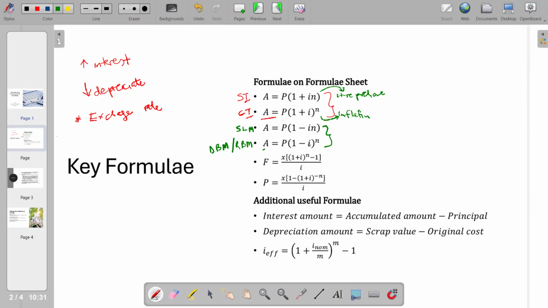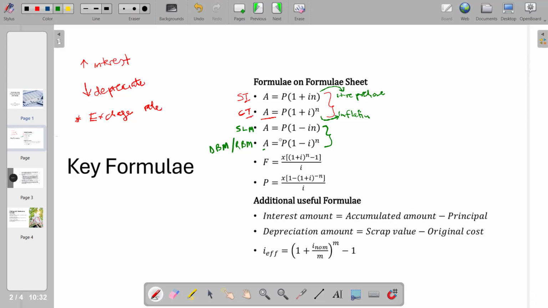The I here and the I here represent the depreciation rate, the rate at which the assets are losing value, unlike here, where the I is the interest rate, the rate at which the asset is increasing its value. N refers to the lifespan of the asset. So you have to take note of these formulas.